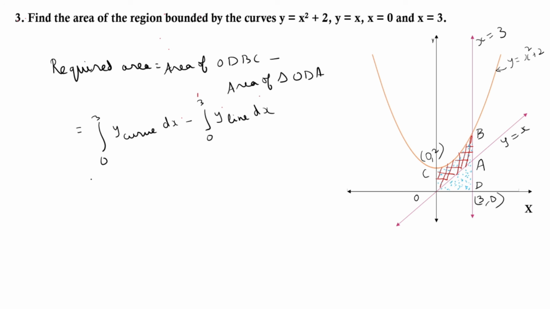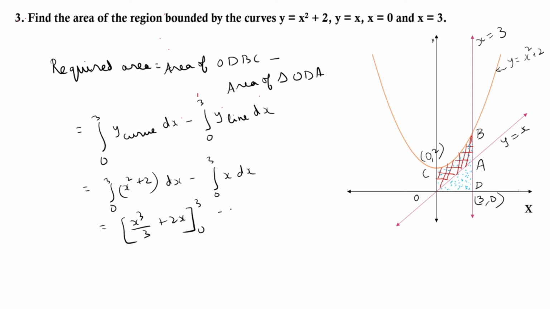So this is equal to integral 0 to 3 y curve is x square plus 2 dx minus integral 0 to 3 y line is x dx. So this is equal to x cube by 3 plus 2x from 0 to 3 minus x square by 2 from 0 to 3.